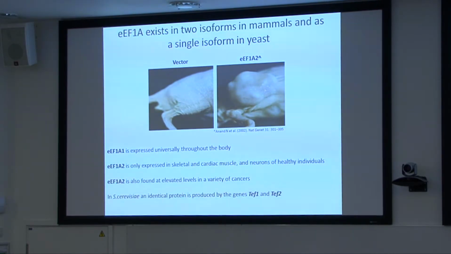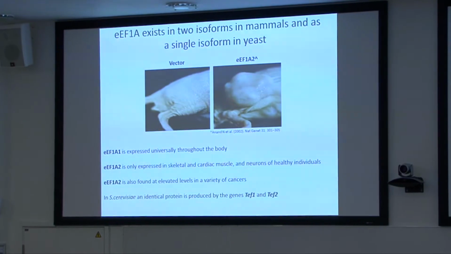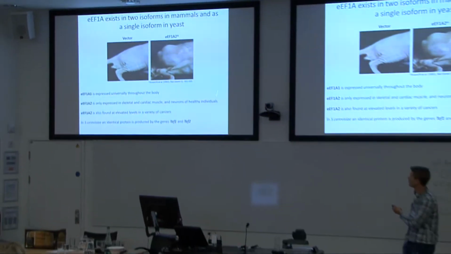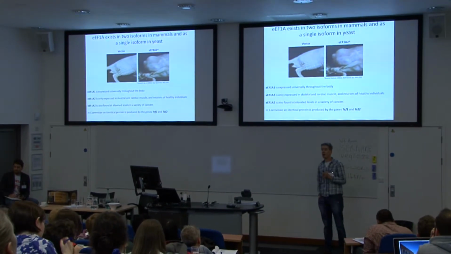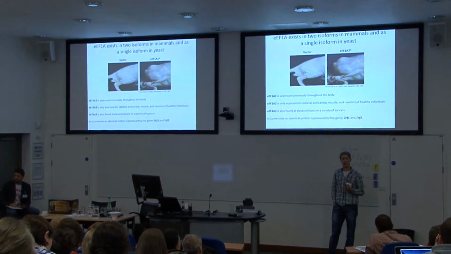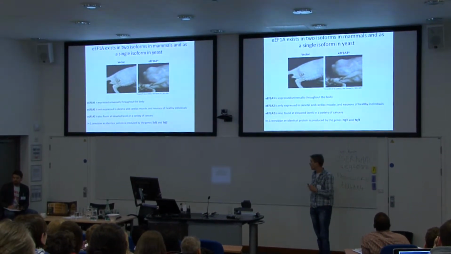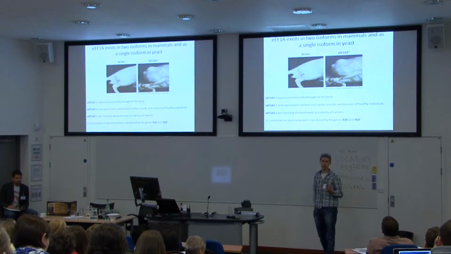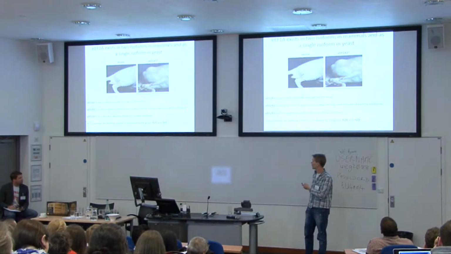But as shown here, EF1A2 is also found at elevated levels in a variety of cancers. So it's found in 60% of breast tumours and 40% of ovarian tumours. And Jonathan Lee's lab in Ontario, in Canada, isolated this oncogenic isoform, and when they injected this into nude mice, they showed that EF1A2 overexpression alone was sufficient for induction of tumorigenesis.